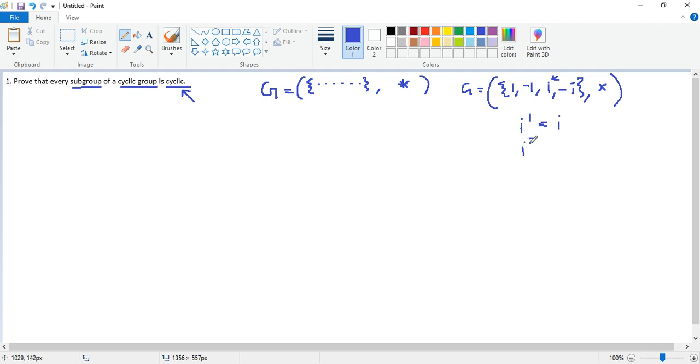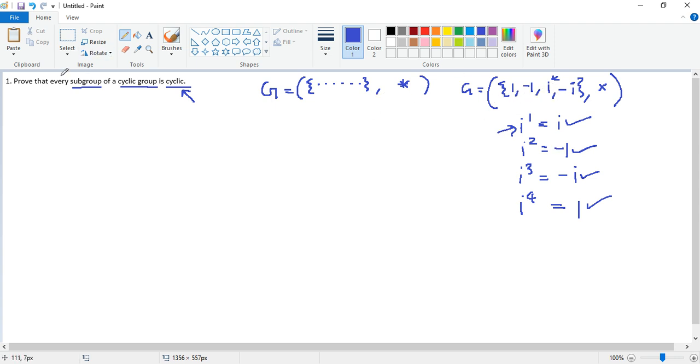Then i squared is -1, which means I'm doing i times i. i cubed is -i because I'm doing i times i times i. i to the power 4 is 1. So in this group, all the elements like i, -1, -i, 1 are all generated by different powers of the same element i. So that's when you can call a group a cyclic group, right?